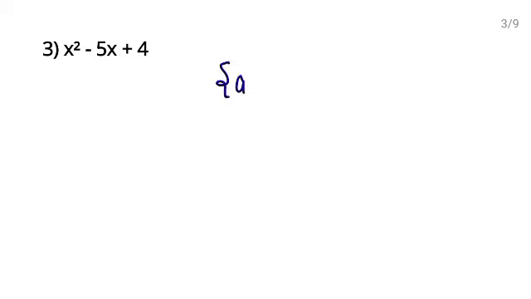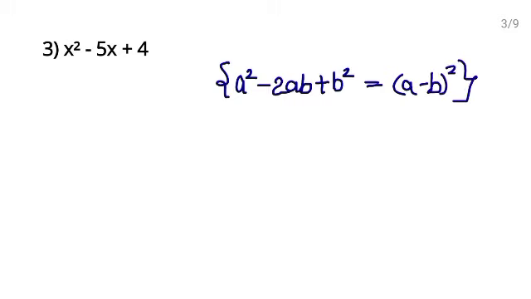Compare it with a square. In between we have a minus sign, so use the identity of minus: a square minus 2ab plus b square will be equal to a minus b whole square. So here this can be written as x square, where x is a, and 4 can be written as 2 square.